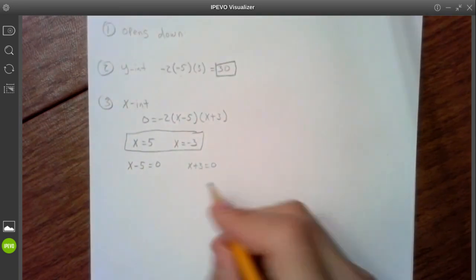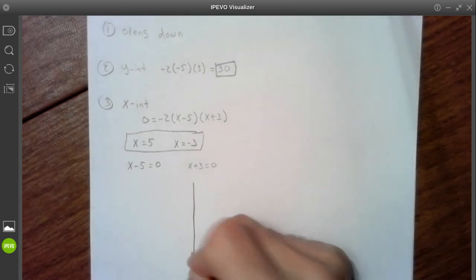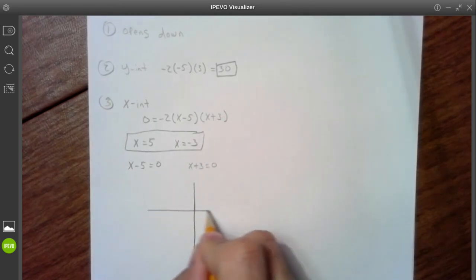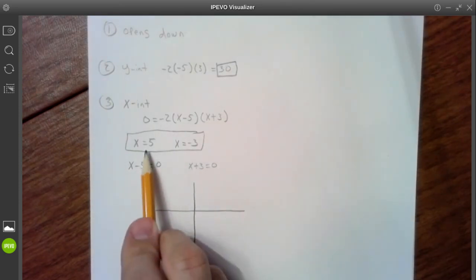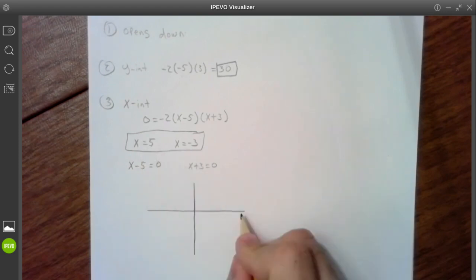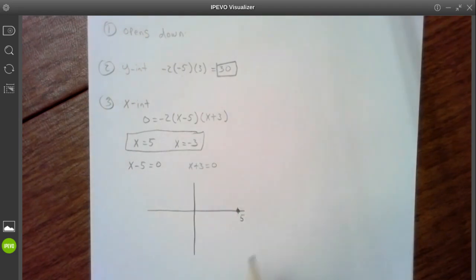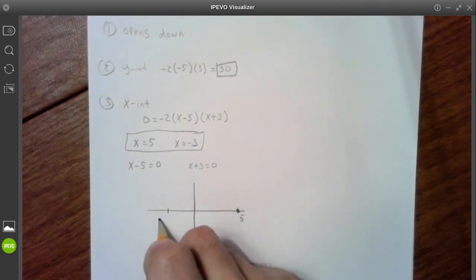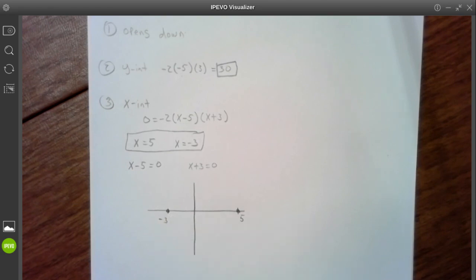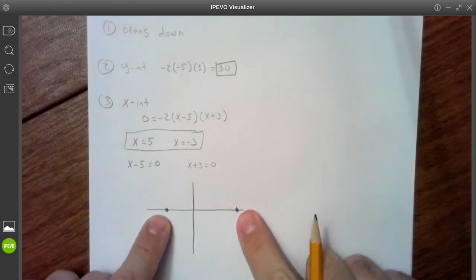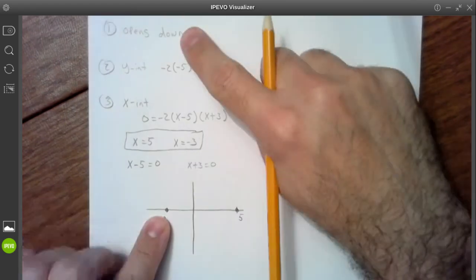Okay, I'll scroll up so I can do this. If I were trying to get an idea for what the graph looks like, I would just plot these intercepts. All right, 5 is an intercept, so that means it's going to cross the x-axis there. Negative 3 is an x-intercept. All right, so I know it crosses here, and I know that it's opening down.